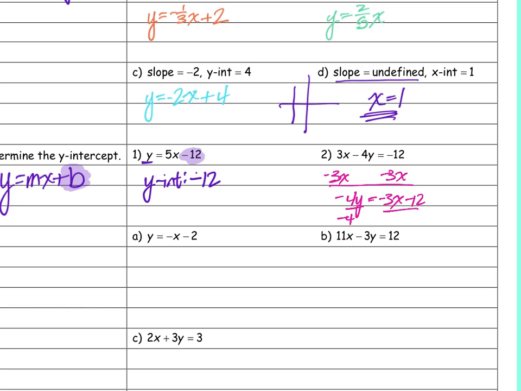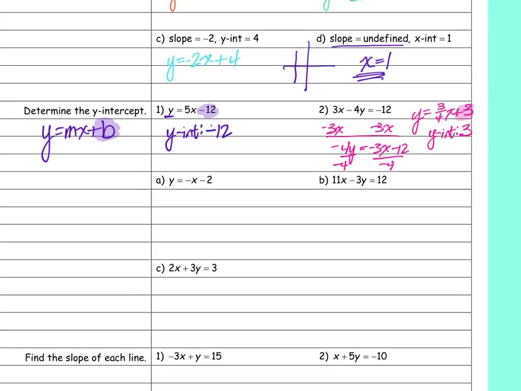Divide by negative 4, and I get y equals 3/4 x plus 3. So now that y is by itself, my y-intercept is just the constant. So y-intercept is 3. Are there any questions about how to do this? This is basically a review, so make sure you're asking questions if you don't understand. Go ahead and find A, B, and C, please.